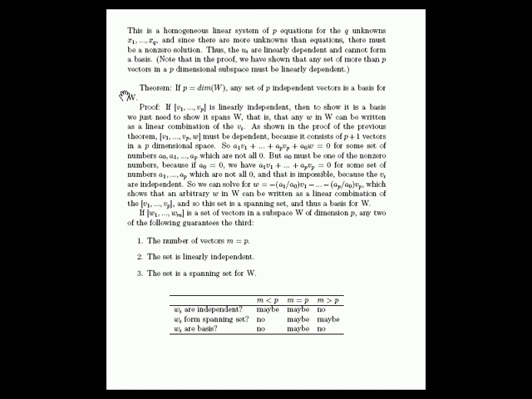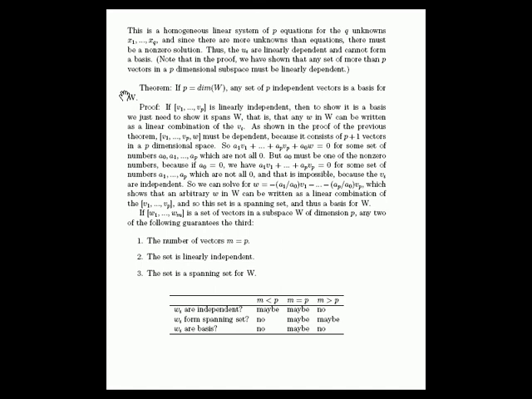Then there are a lot of different bases for that subspace, but they all have exactly 10 vectors in them, and this theorem says that if you have 10 vectors, if they're independent, they're guaranteed to be a basis. They're guaranteed to span it.